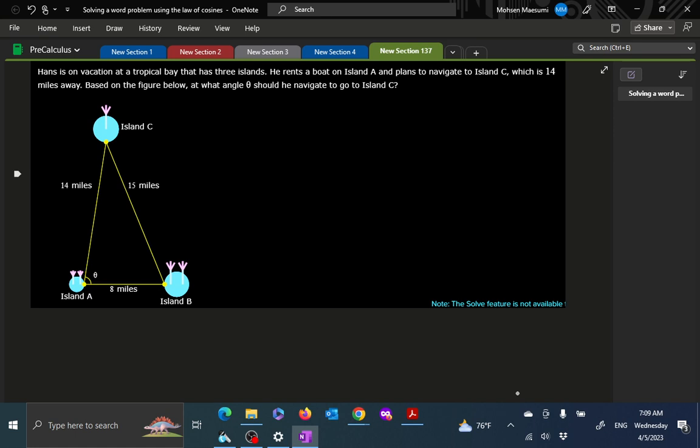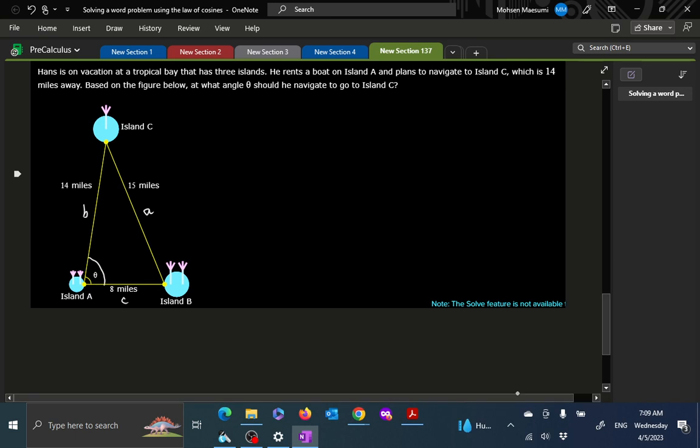Again, labeling sides with the letters opposite them, this is going to be C and this is going to be B. When you want to find this angle, we have cosine of A is equal to b squared plus c squared minus a squared over 2bc.